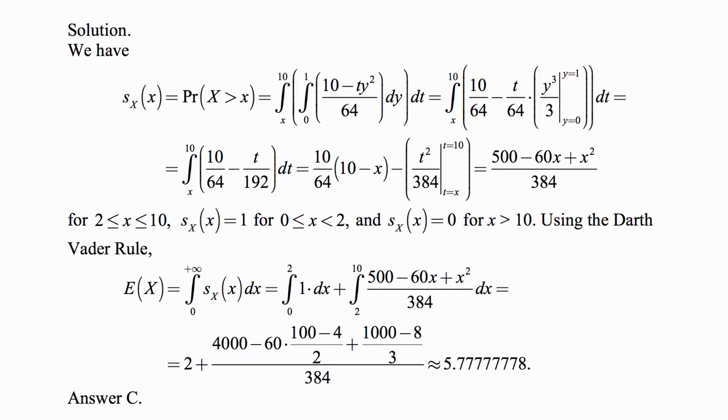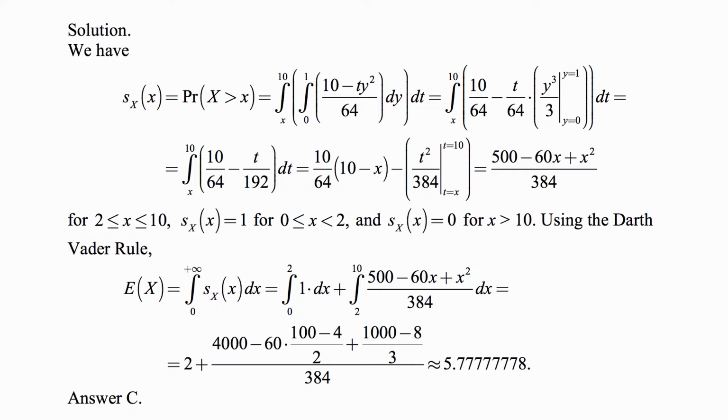And then 10/64 is just a constant, so its integral is 10/64 times 10 minus x, the length of the interval from x to 10. The second expression, the integral of t over 192, is t squared over 2 times 1/192, which is t squared over 384, evaluated from x to 10.